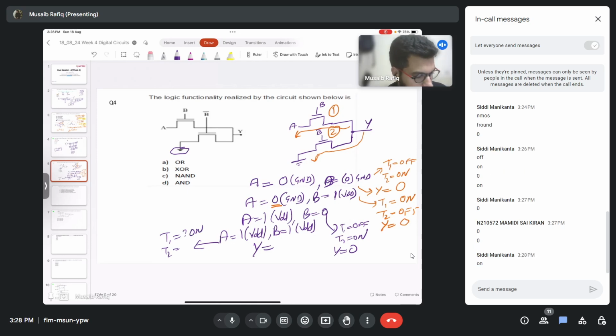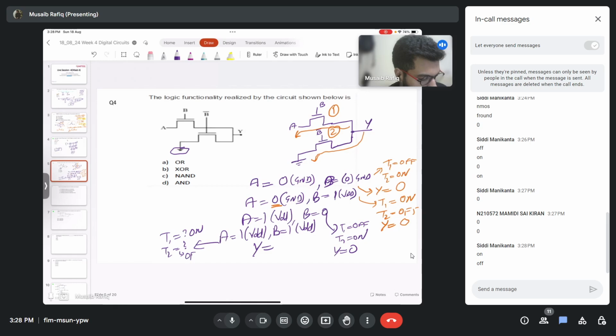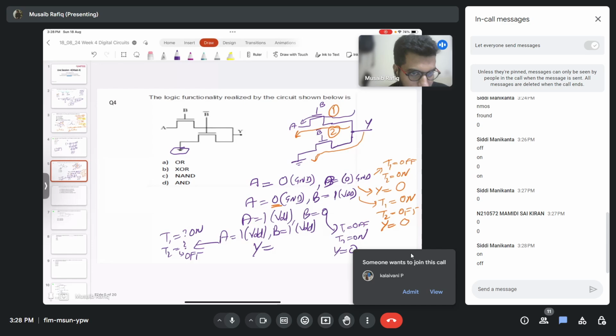T1 is on, and T2 is off, correct. As a result, I have a path connected to A, and then Y will be pulled to VDD. That means Y is equal to 1.